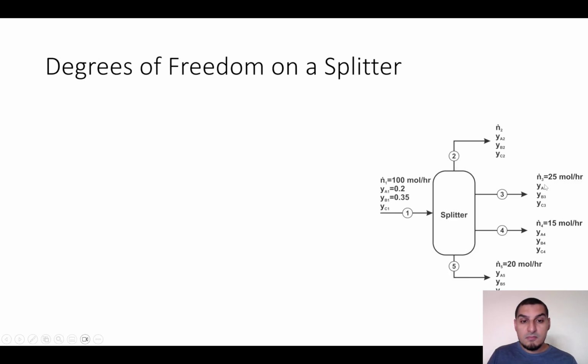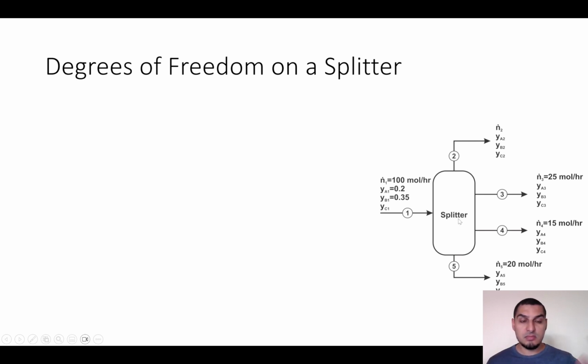So let's say we have this splitter here. We know the feed flow rate, 100 moles per hour, and we have the compositions of two components. And of course, the third is going to be known, which is 1 minus 0.2 minus 0.35. And we know that the splitter is splitting the flow into 4 splits.